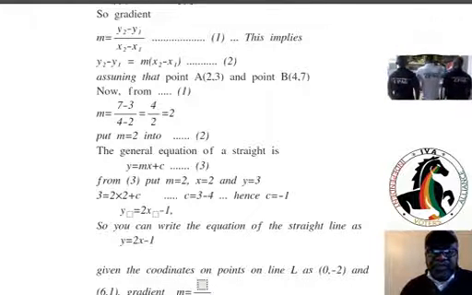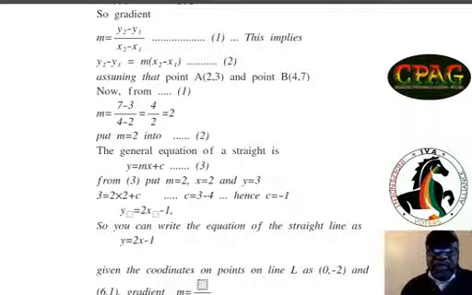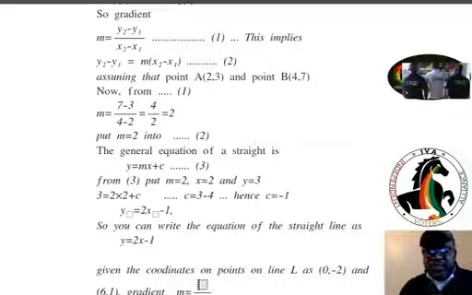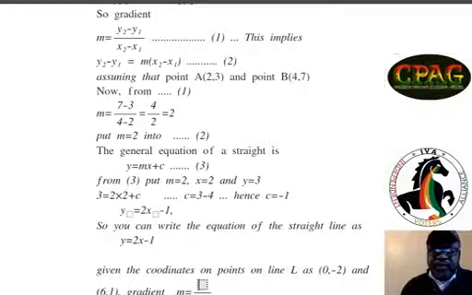So you take the first point, 0, -2. The y coordinate for that point is -2, so you put the -2 there.